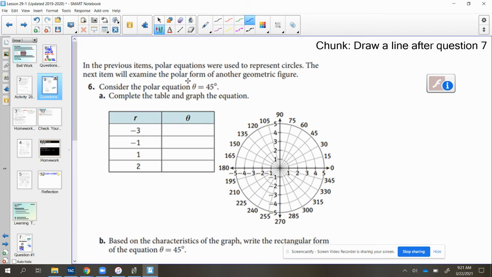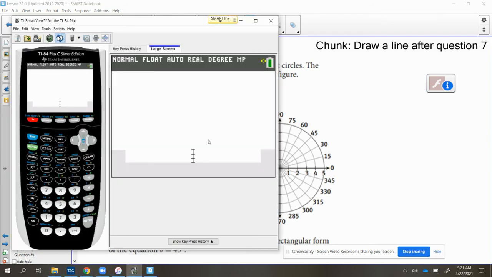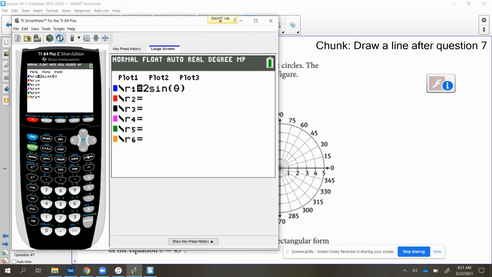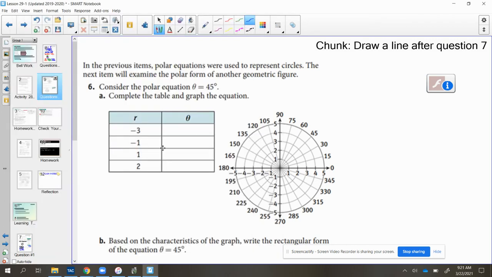Now, we also have a graph; what we notice here is for the equation theta equals 45. If we keep typing in, no matter what the r value is, if theta equals 45, what we're saying is it always equals 45 degrees, right? Theta is consistently 45 degrees.